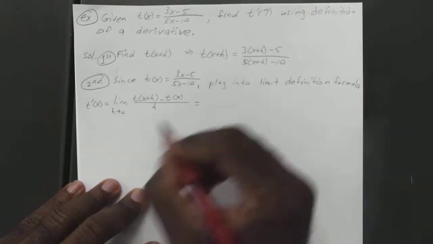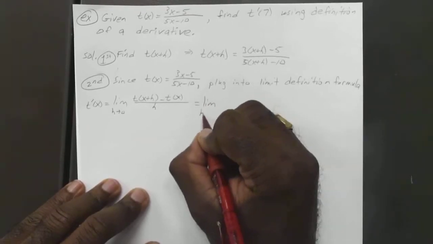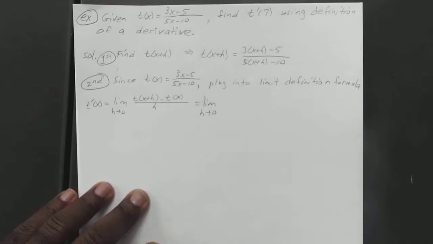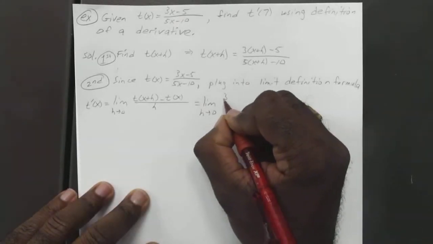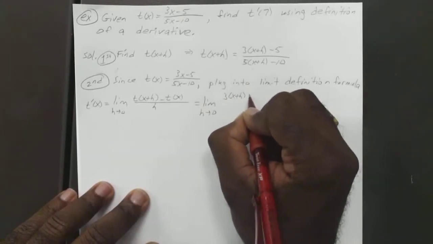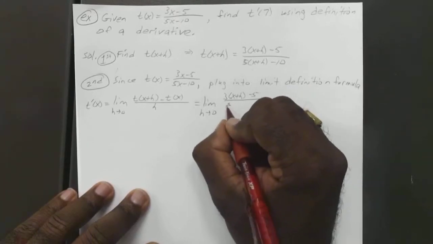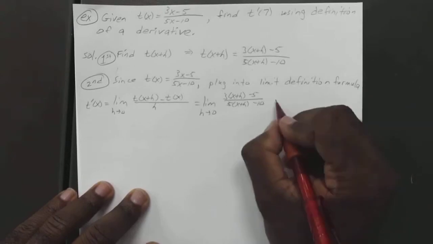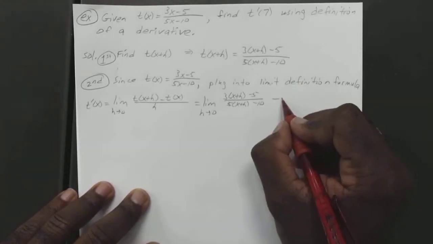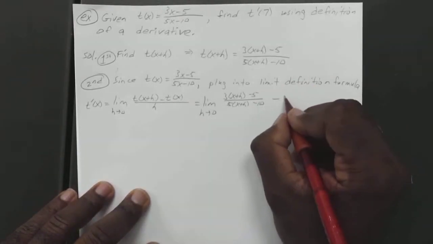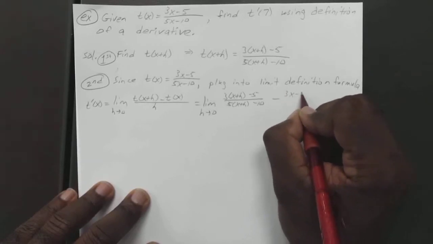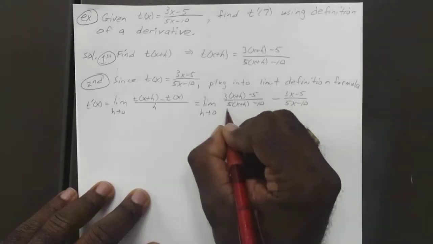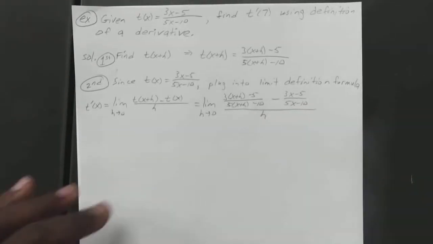Which equals the limit as h approaches 0 of t of x plus h, which we know is up here, so that's 3 times x plus h minus 5 over 5 times x plus h minus 10, minus our t of x, which is 3x minus 5 over 5x minus 10, all over h.